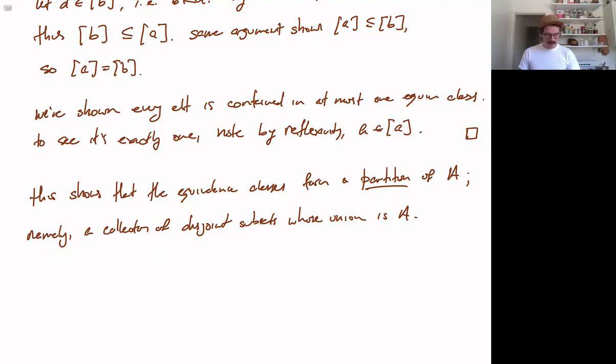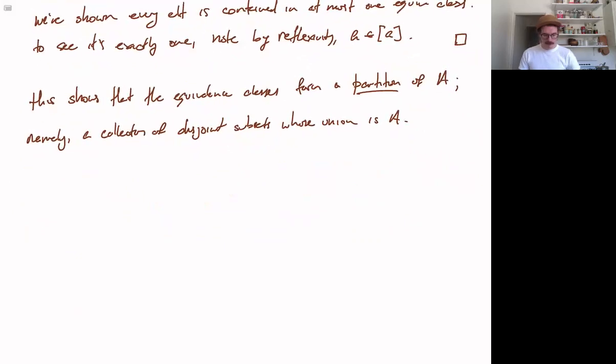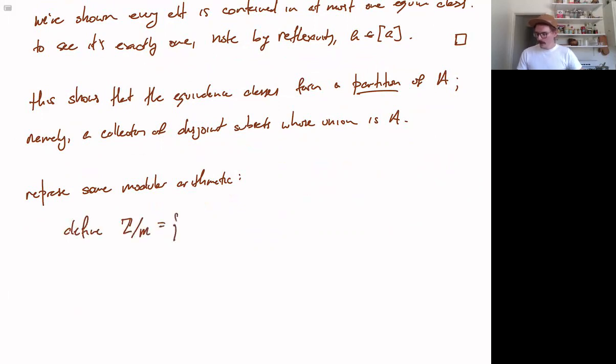So let's finish with talking about some of the things we know about modular arithmetic from this new perspective. So let's rephrase some modular arithmetic. Define Z mod M. So remember, we defined this before to be the set 0 through m minus 1.